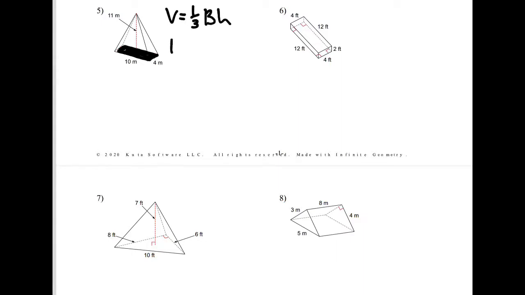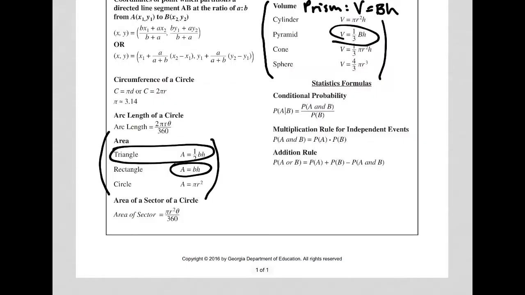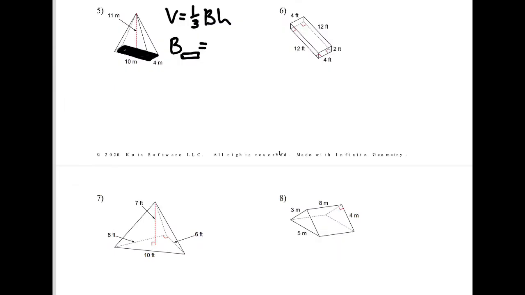But now I know that my big B is a rectangle because I shaded it in. Remember that the area of a rectangle is little b times h. So little b times h, remember, which is just the base and the height of that rectangle. It has nothing to do with the whole pyramid, just the shaded region.